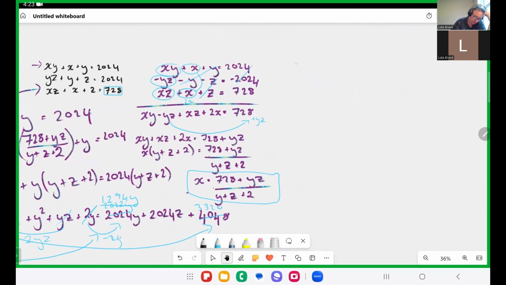All right. Our equation xz plus x plus z equals 728.